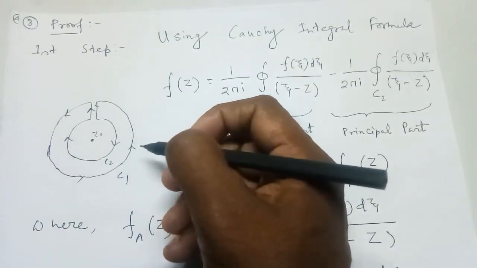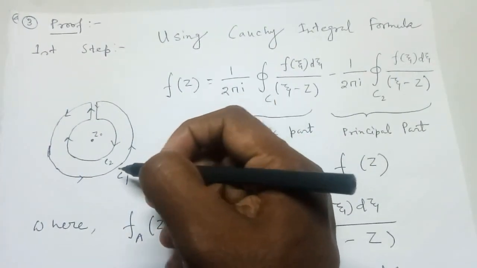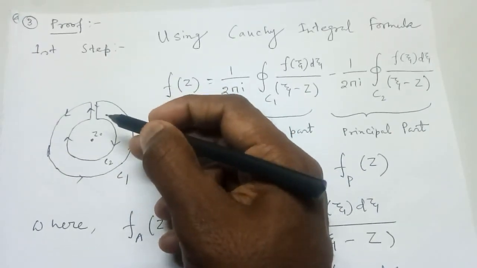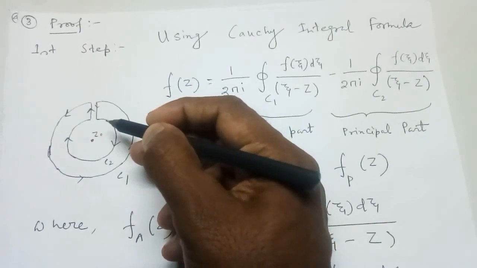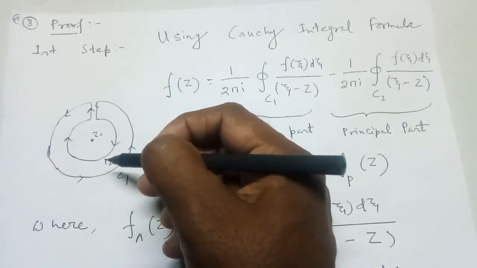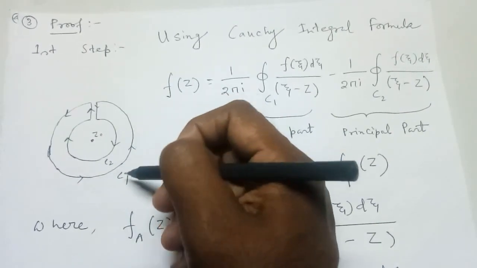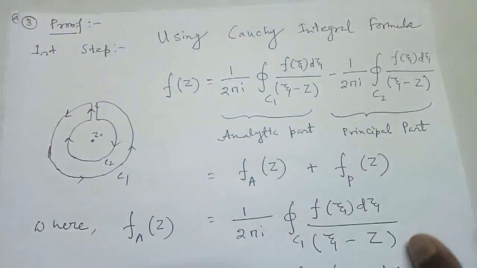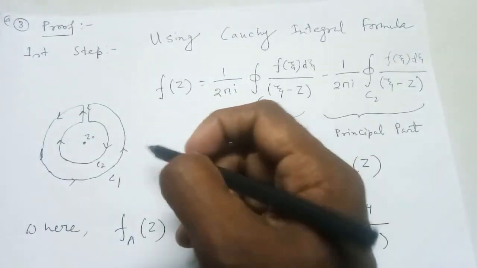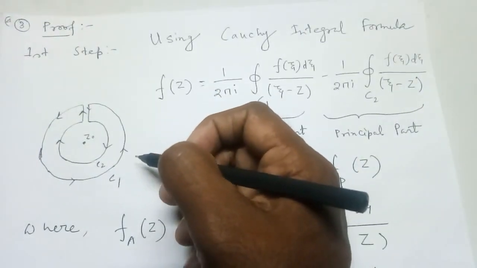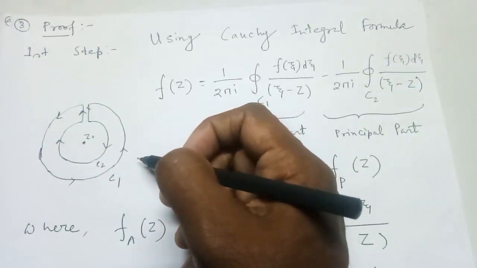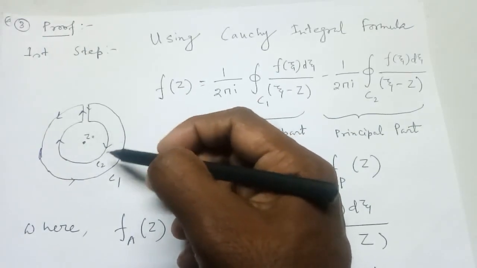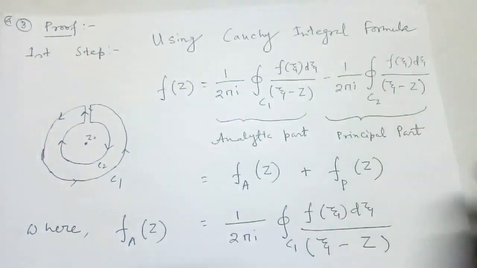Around C1 the direction is anti-clockwise and around C2 it is clockwise, and the convention is that if the integration is along anti-clockwise direction it will be positive, and if it is along the clockwise direction then it will be negative.